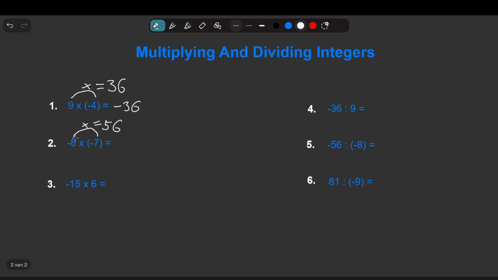Now we're going to look at the two signs we have, and they're the same sign. So again, don't forget, if you have the same sign, it's always going to be a positive answer. So our answer is just going to be 56. And let's circle the correct answer so we don't get confused.